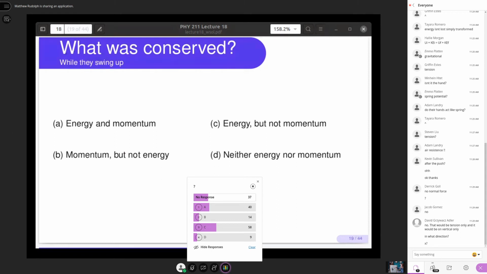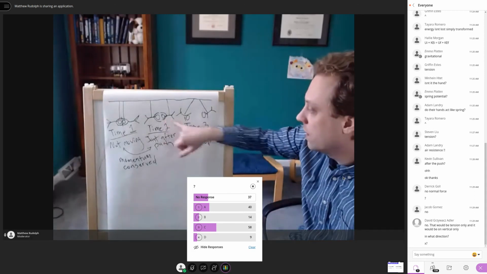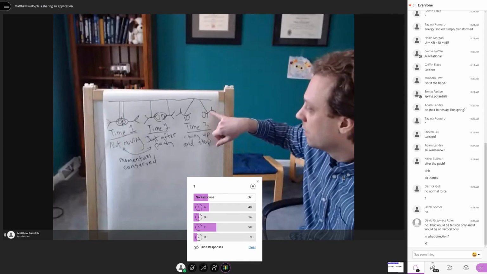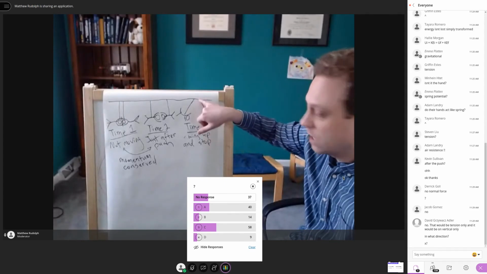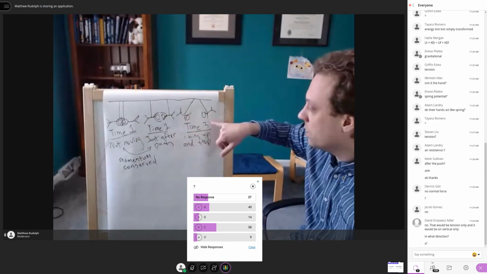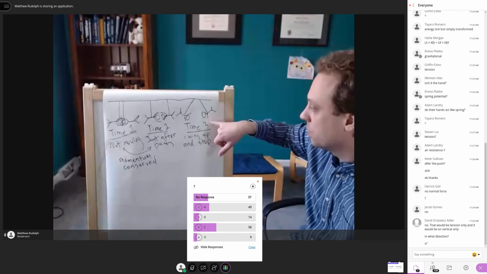All right, they start off with some kinetic energy, right? And they swing up. And let's see, what forces are there? There's gravity, and there's the tension from the rope that's pulling them around in the circle, right? This is just like the pendulum problem we talked about on Tuesday.